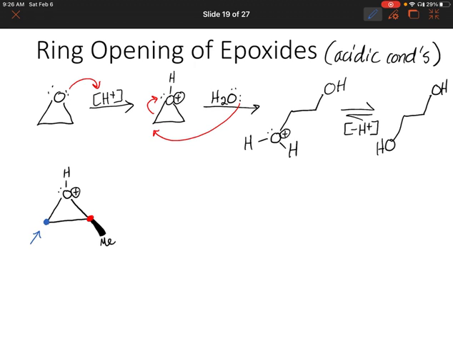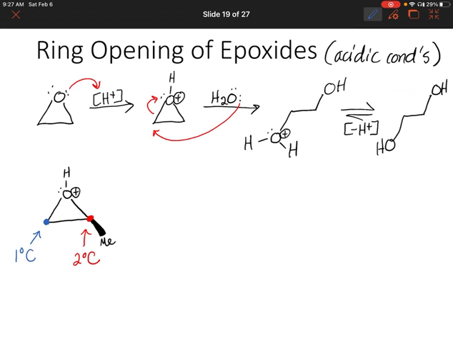Is it a primary carbon, a secondary carbon, or a tertiary carbon? So it's only bonded to one other carbon, so that would make it a primary carbon. What about the red carbon? Is that primary, secondary, or tertiary? Secondary.